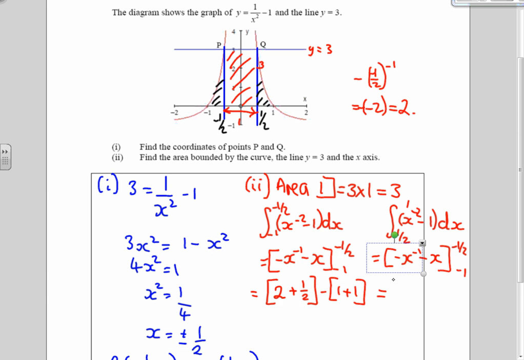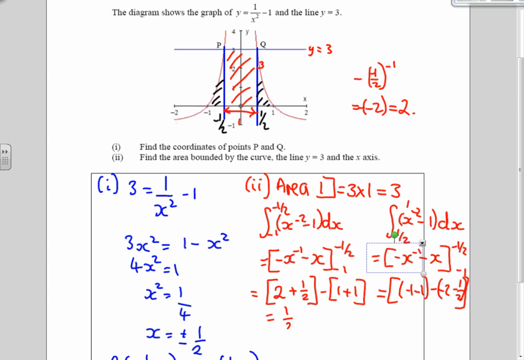And here we end up with, when we substitute in a half, and when we substitute in 1, we get minus 1 minus 1, minus minus 2 minus a half. So from here, we've got 2 plus a half, which is 2.5, minus 2.